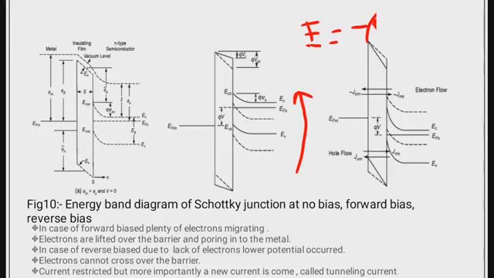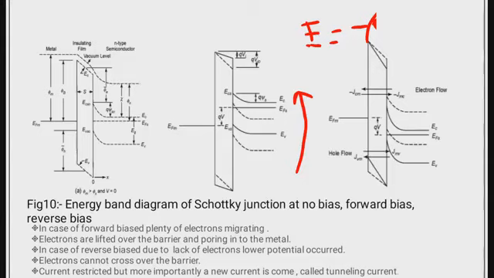So plenty of electrons are in the conduction band, but they can't pour down or cross over the barrier. In reverse bias, plenty of electrons are over there, but they are not able to jump or cross over the barrier from this side to the metal side.